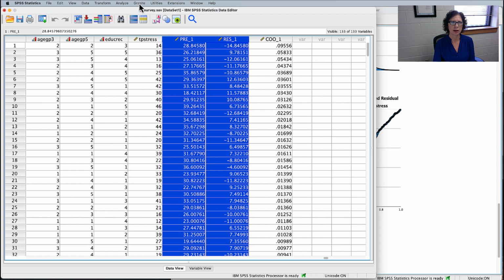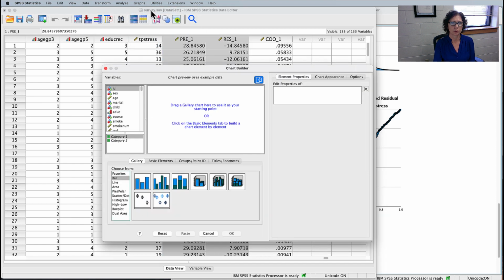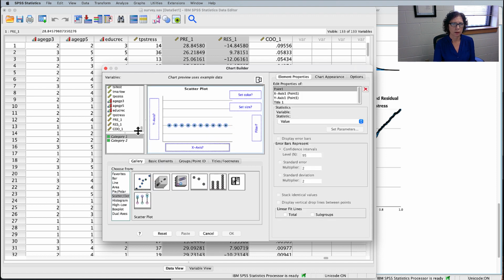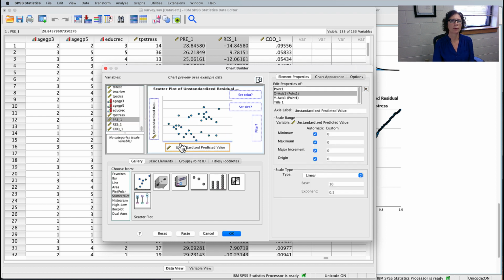So back to our scatter plot. Go to Graphs, Chart Builder. We need a scatter plot. Drag that in there. Let's put the residuals on the y-axis and the predictor on the x-axis. Hit OK, and let's take a look at this.